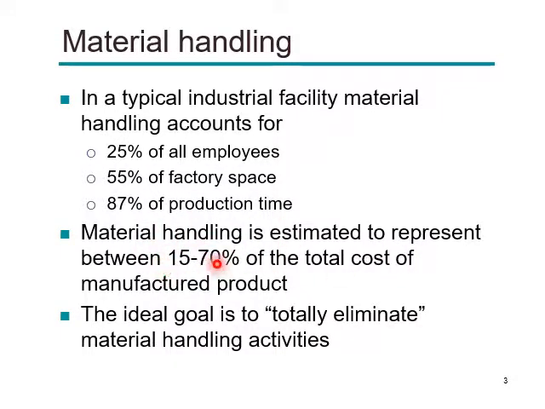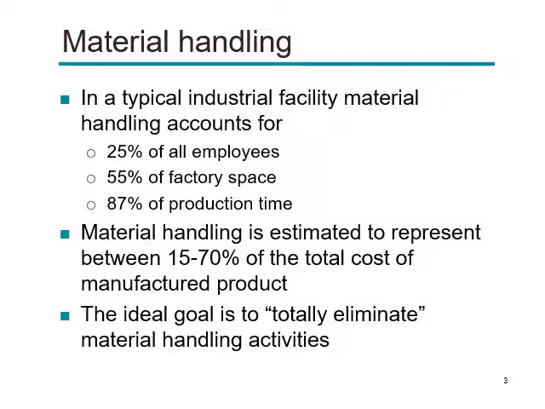Here it says that the total cost of the manufactured product, if you consider this as 100, then again, depending on the part, depending on how you are producing it, 15 to 70% of this total cost may be due to material handling.